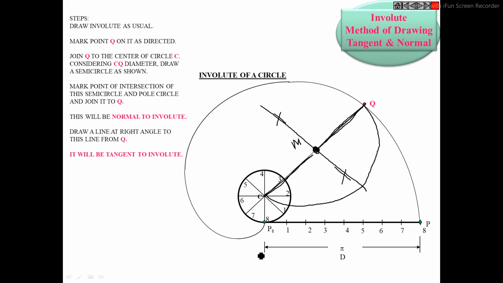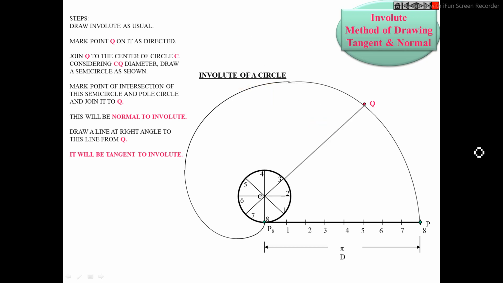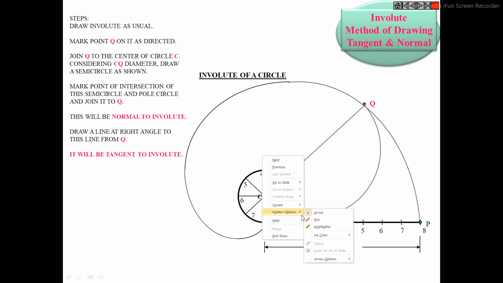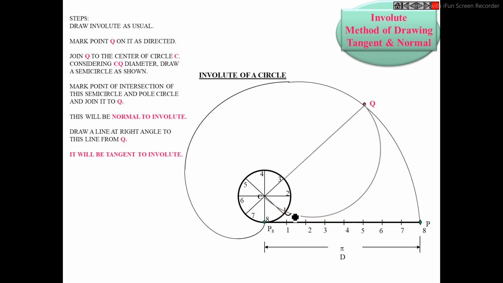Yes, sir. Clear. Others please respond. Is it clear? Yes, sir. Okay. So once you have done this process, let me show you in the PPT. Then what you do, you find the intersection point of the semicircle and the circle. Which one is that point?